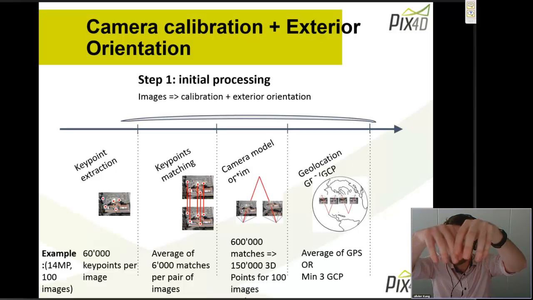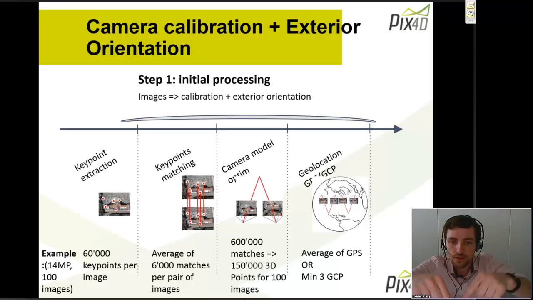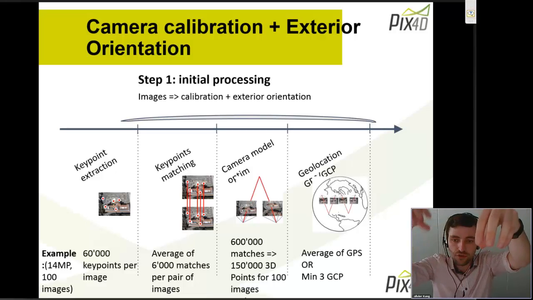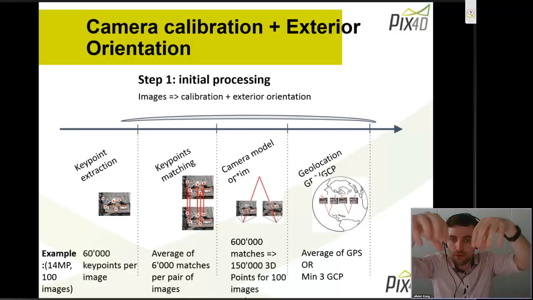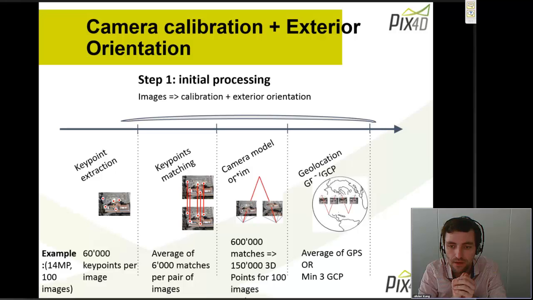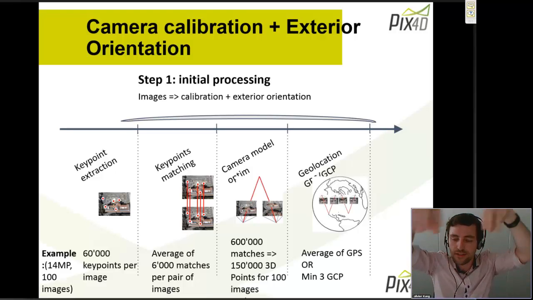As soon as it finds something reasonable, meaning that when you triangulate your key point matches, most of the matches are reprojecting at the right place, meaning that they've been validated, it will try to add additional images, and each additional image will validate more matches, and by validating more matches, we'll be able to better optimize the focal length, the lens distortion, and the principal points, the internal and external orientation.